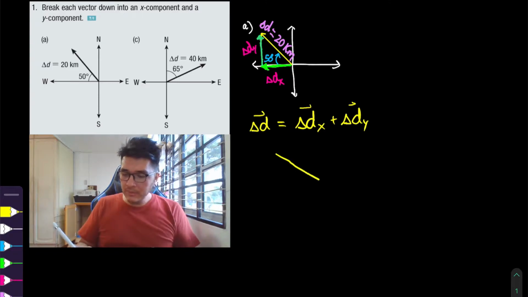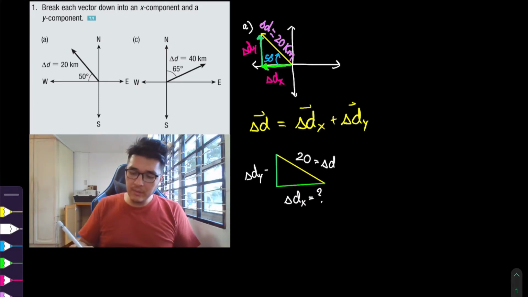Notice now that if we were to redraw this triangle, we have 20 kilometers, which is delta d. Delta dx is the x component, which we don't know.